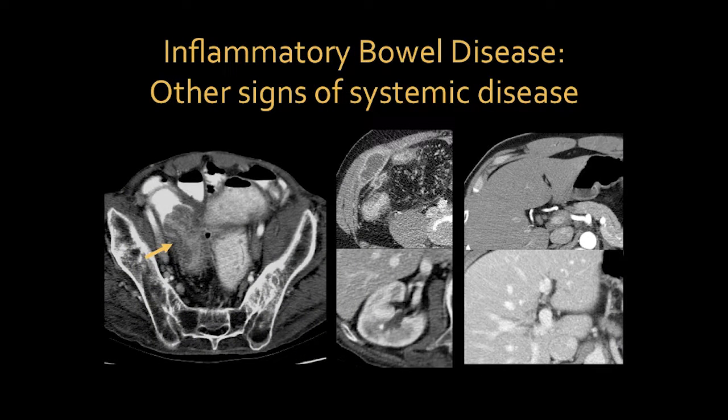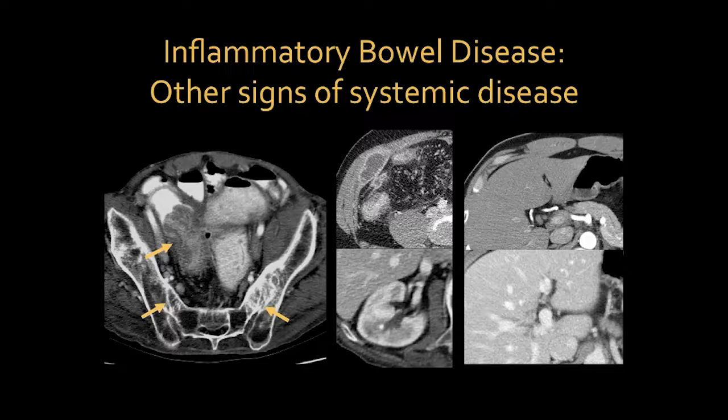Now with IBD in particular, since this is a systemic disease, you do want to look for some of those other signs of systemic disease to help you nail down the diagnosis if you're making a diagnosis of IBD for the first time. Here we see a patient with Crohn's disease with that marked terminal ileal inflammation noted by the arrow.